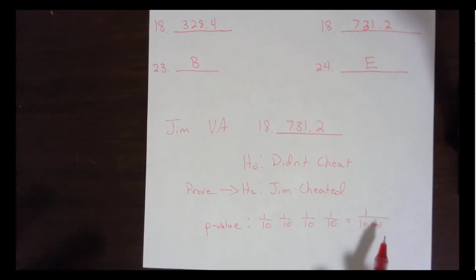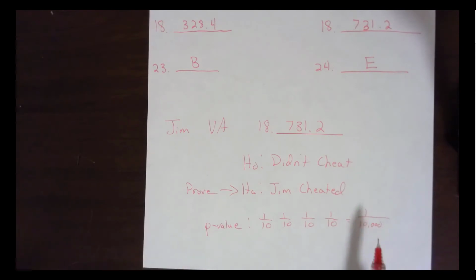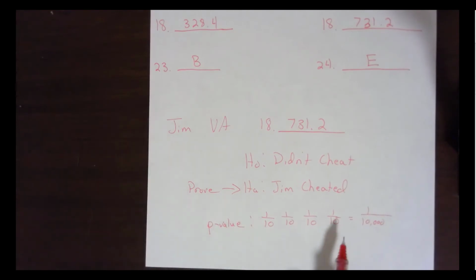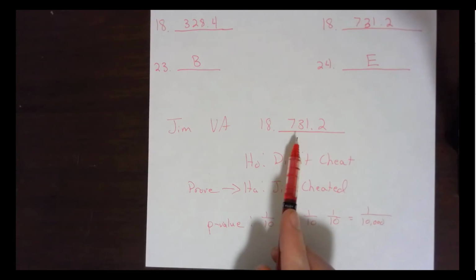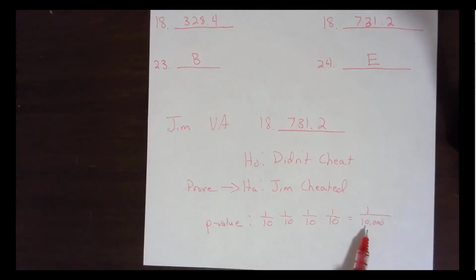What I would have to believe, if I'm sticking with my default assumption that he didn't cheat, is that Jim just happened in this case to get really, really unlucky, putting the right answer for the wrong exam. So we have a really small p-value, and hopefully the conclusion somebody would reach is that Jim cheated, because the probability of him putting the right answer to the wrong version, assuming he didn't cheat, is really small.